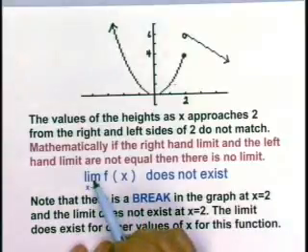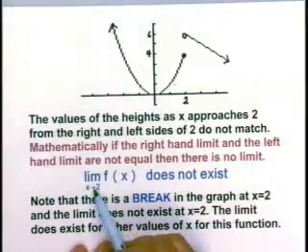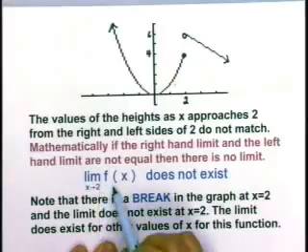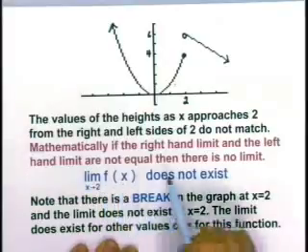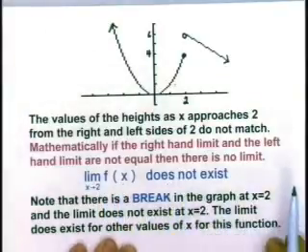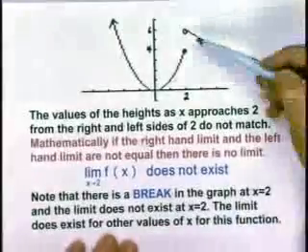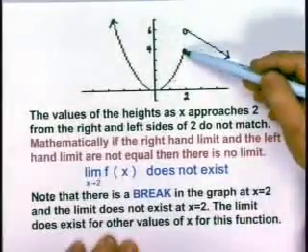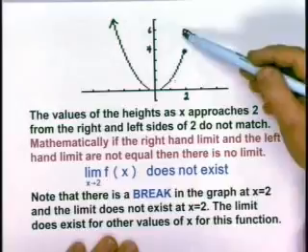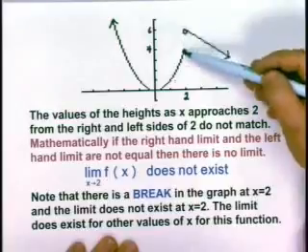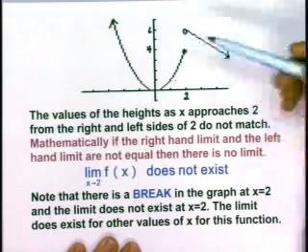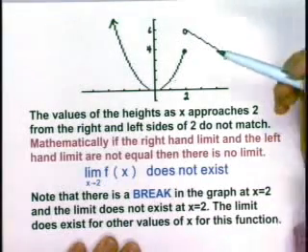So we would state the limit in general as x approaches 2 of this function f of x does not exist. Notice that there's a break in the graph at x equal 2, and the limit does not exist at x equal 2. Also notice that the limit does exist for other values of x for this function.